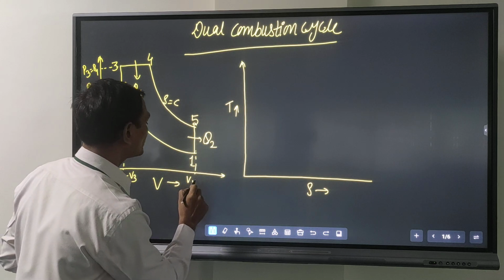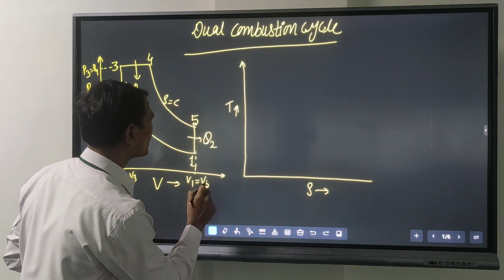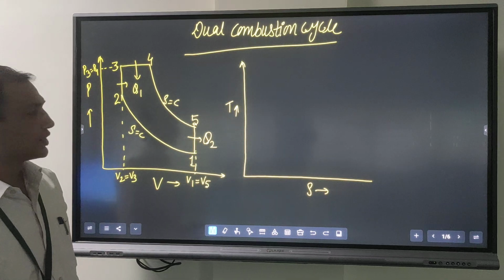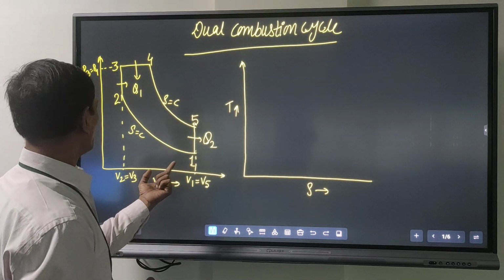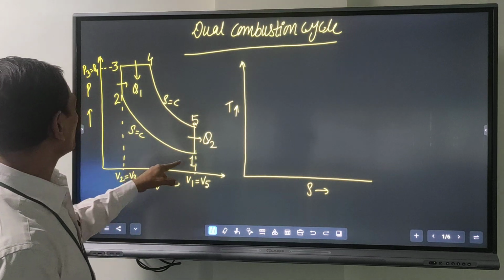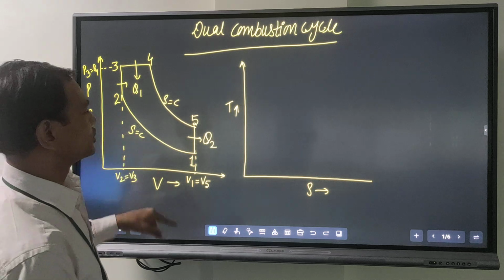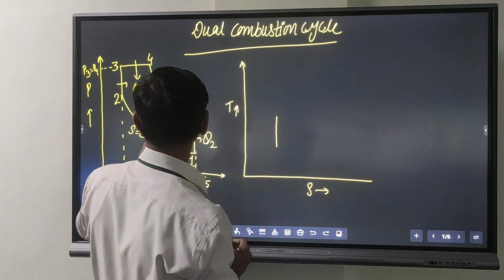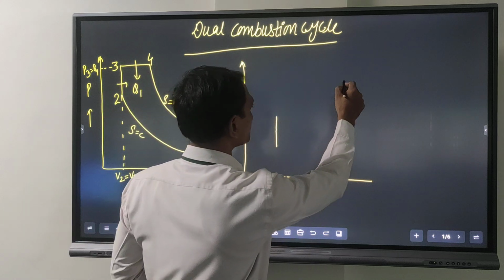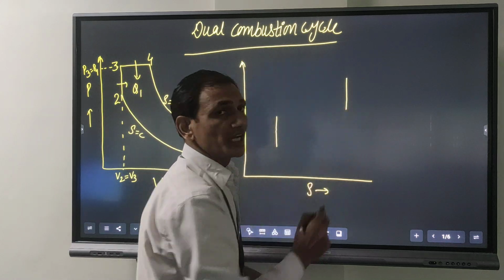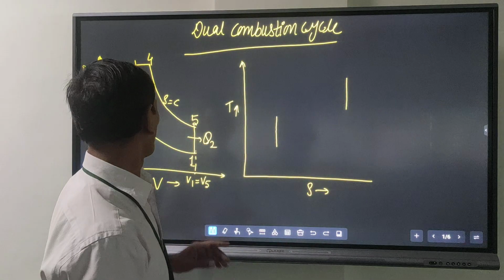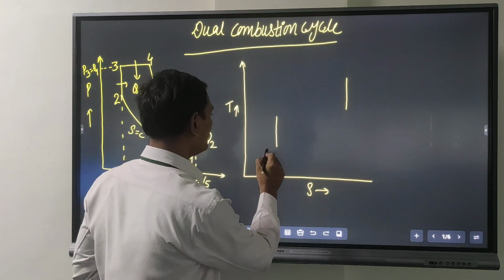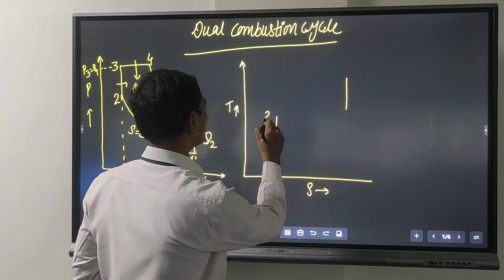Here V1 is equal to V5. Now from 1 to 2 entropy is constant, and 4 to 5 is also entropy constant, which means a reversible adiabatic process.